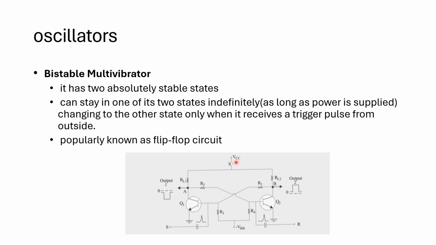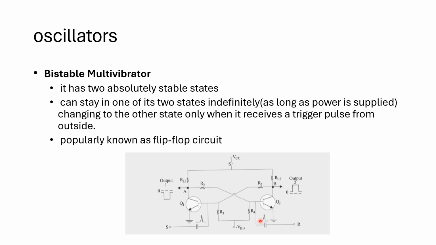The moment our switch here is closed, both of these two transistors are in the reverse bias mode. Why reverse bias mode? Because both of them are being reverse biased by a negative VBB. The only time that one of these two transistors will be in saturation mode is when we put a trigger either in the reset or in the set.